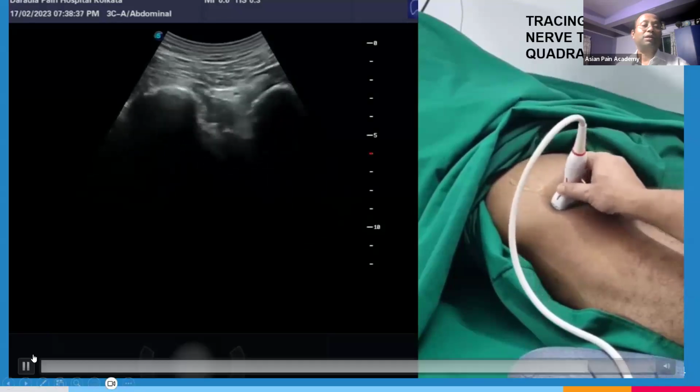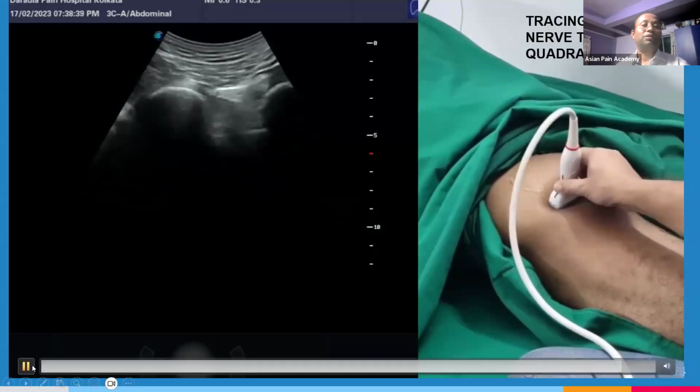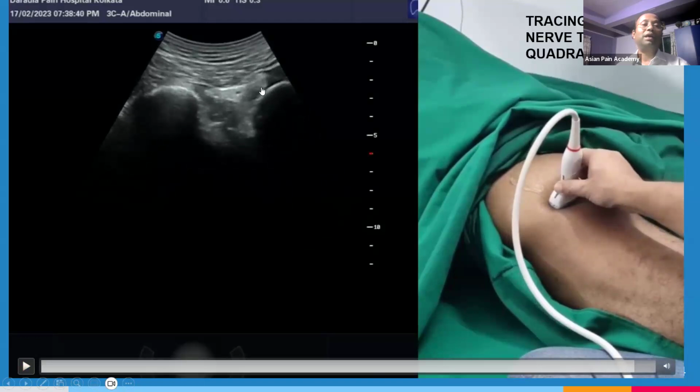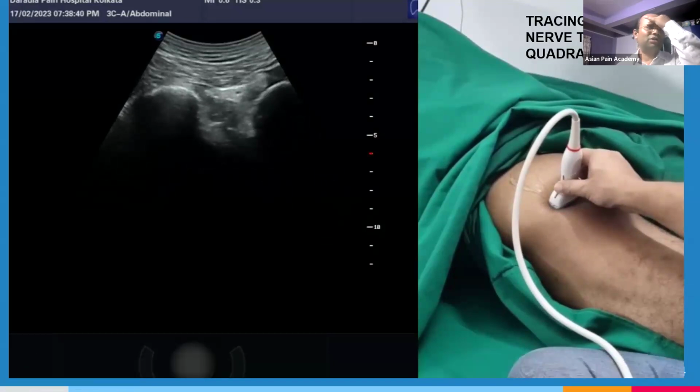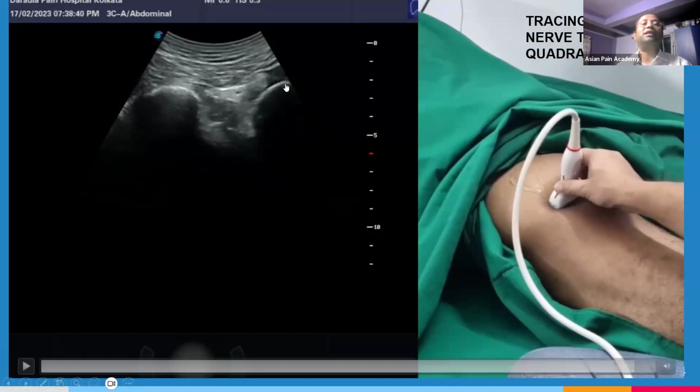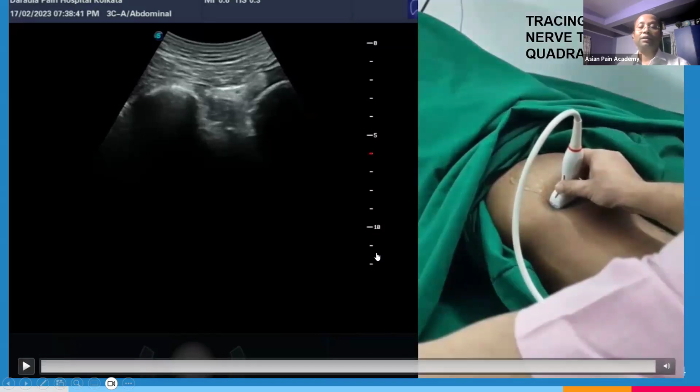So this part actually, here we see the conjoint tendon insertion and the semimembranosus tendon insertion. So for seeing ischio-gluteal bursitis or the tendinopathies of these areas, we need to see the ischial tuberosity. This is the last position for tracing in the hip area. Okay.